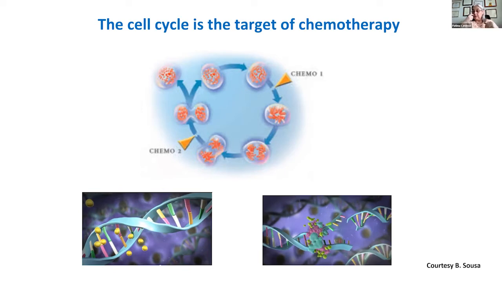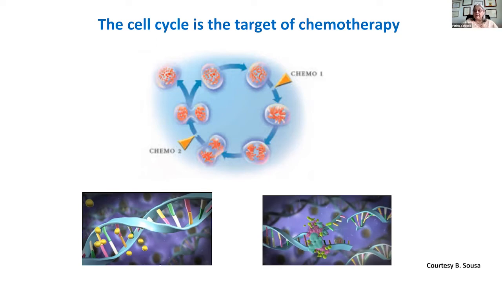Another part of our body that is always regenerating is the gut. All the digestive tube, the cells of the mucosa, are always regenerating, and that's why you also have nausea, vomiting, diarrhea. So these are the reasons why you have those side effects, because chemotherapy kills the cells that divide quickly.